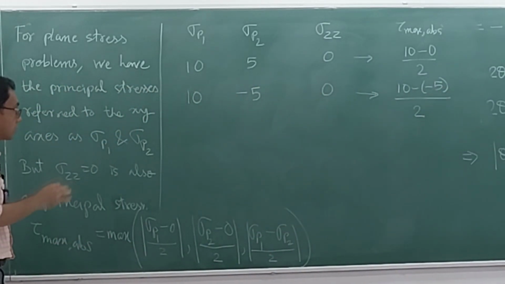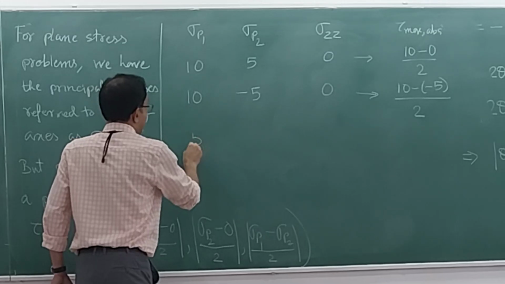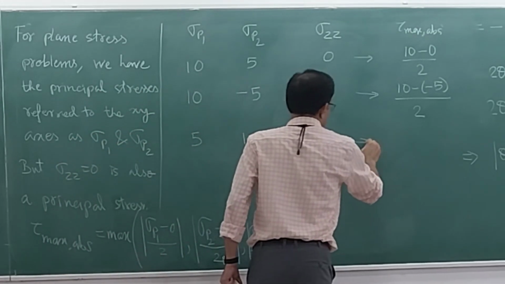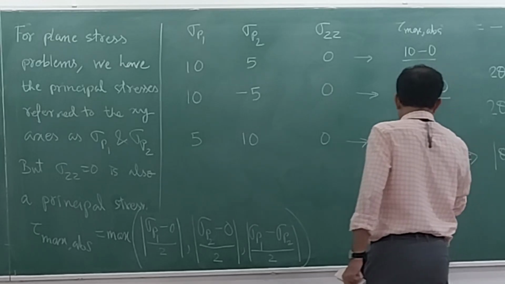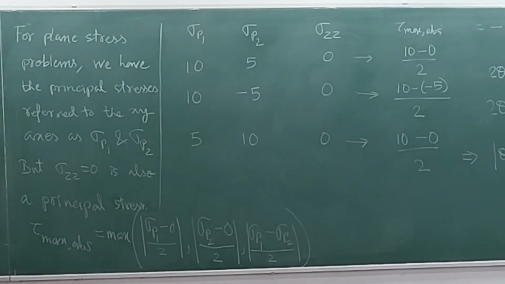But it could also be something like this, that this is 5, this is 10, and this is 0. Then of course this is like this. So you have to be careful. Don't just blindly go with the sigma p1. Take out the actual maximum value and do this.